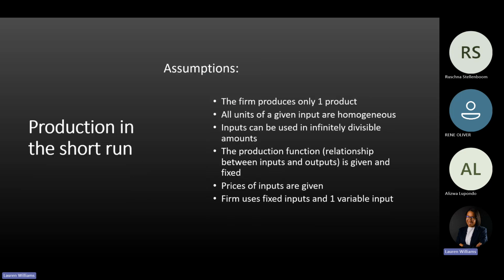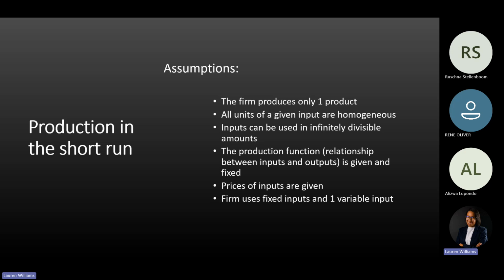Okay. So just a reminder on the short run versus the long run. Remember, this is not to do with a period of time. We're not talking about the short term versus the long term. We're talking about short run versus long run. With the short run, there must be one product. We're making a lot of assumptions again, as economists always do.